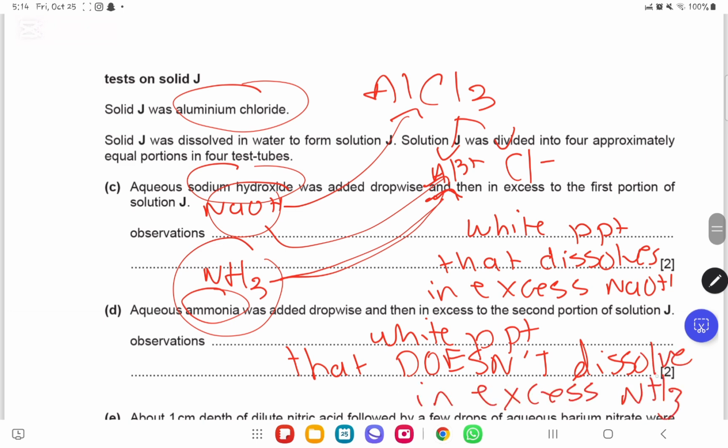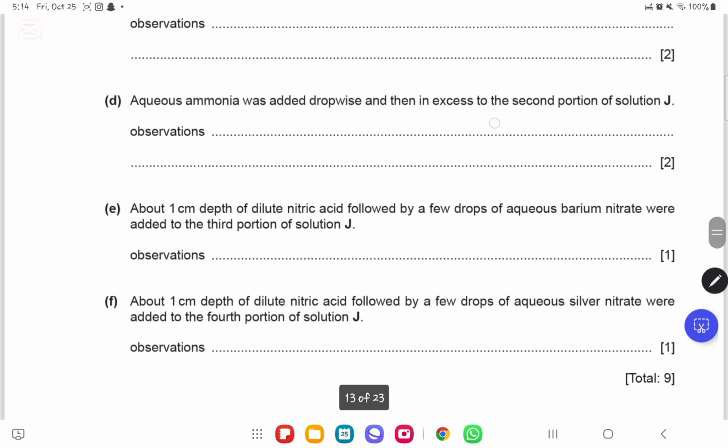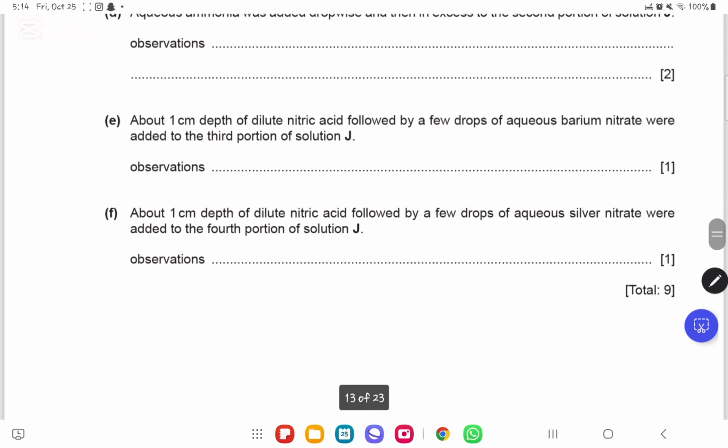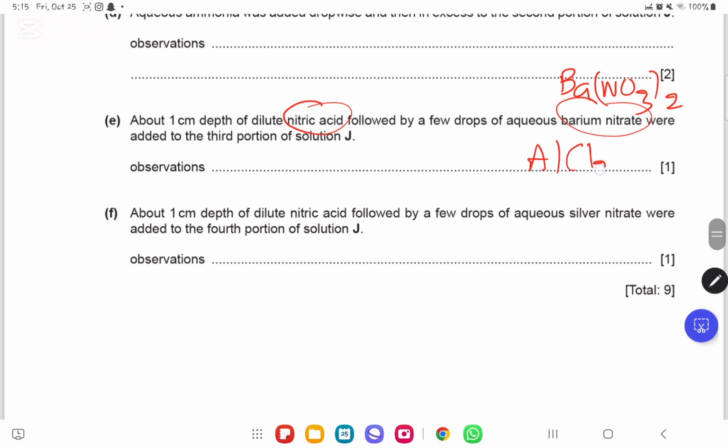So that is part D and part C done. Then we have part E and part F. They told us that they added dilute nitric acid followed by barium nitrate, Ba(NO3)2. They added it to AlCl3.